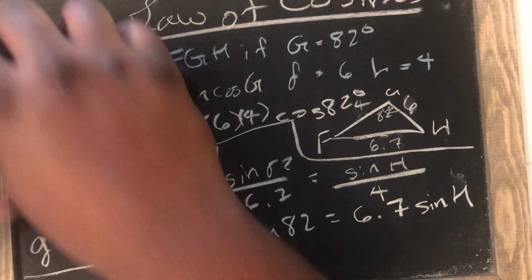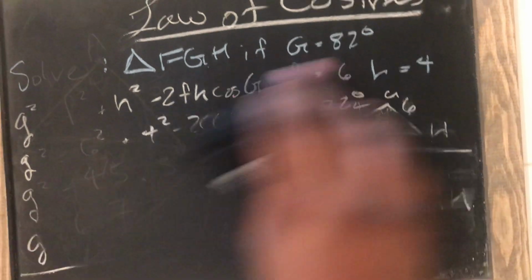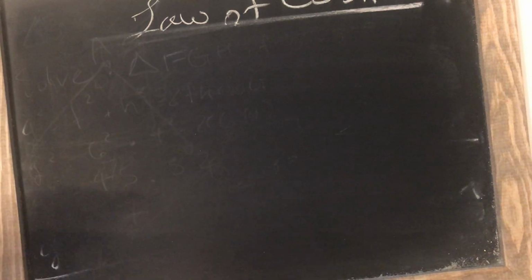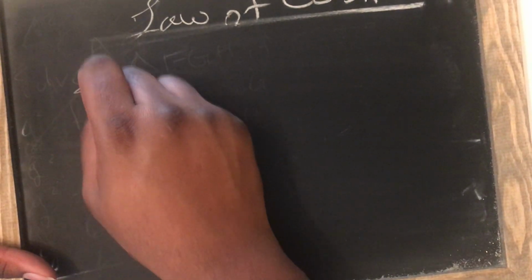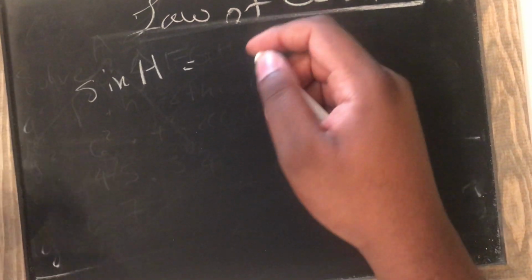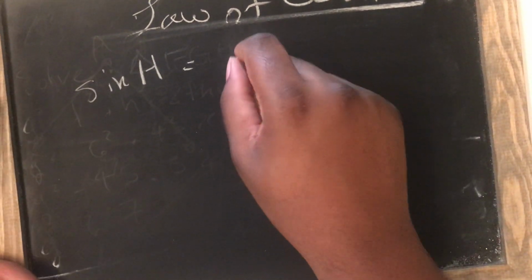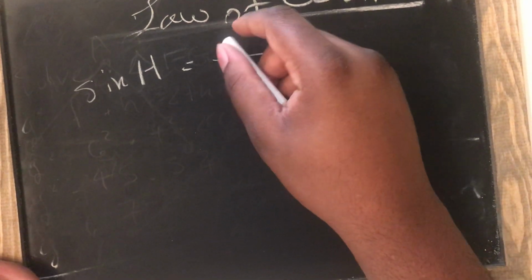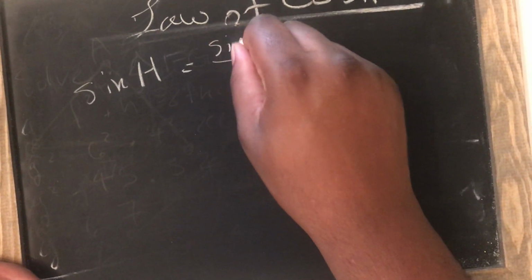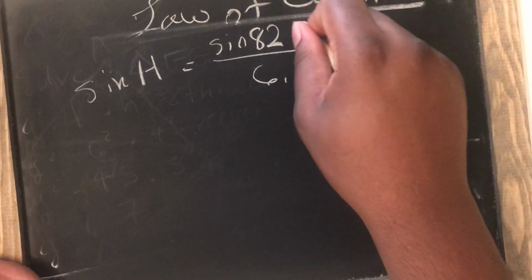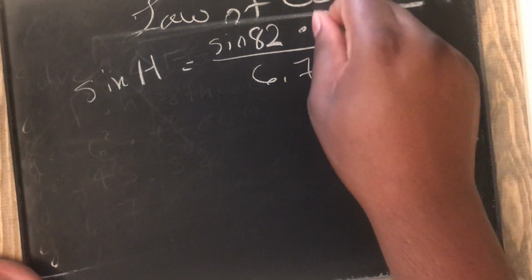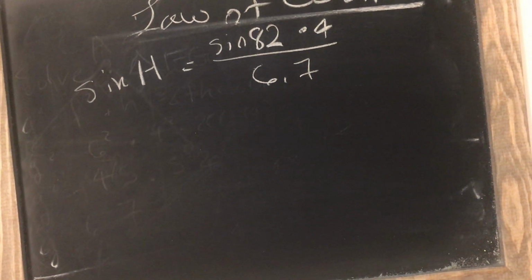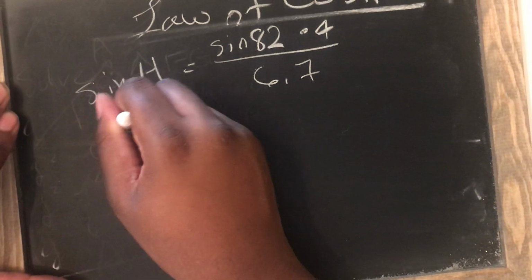I'm going to erase so we have enough space here. Basically, sine of H equals sine 82 times 4, over 6.7.